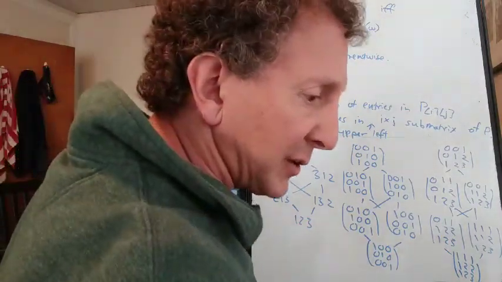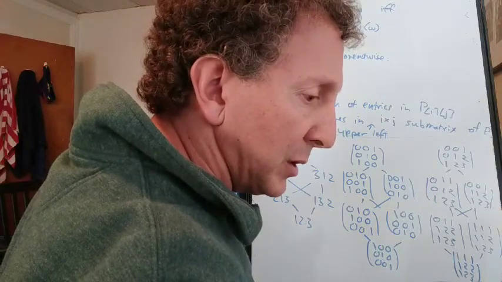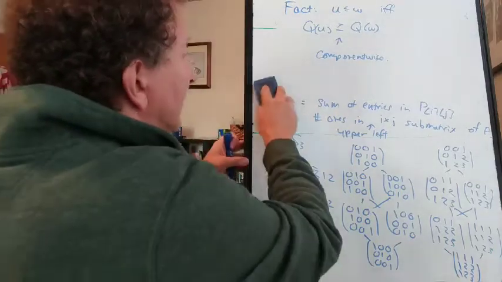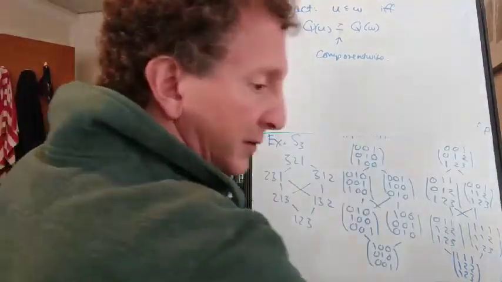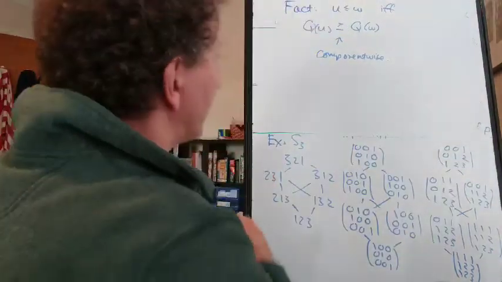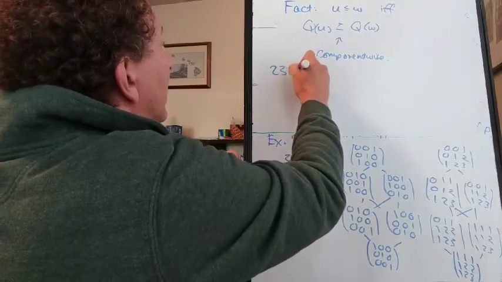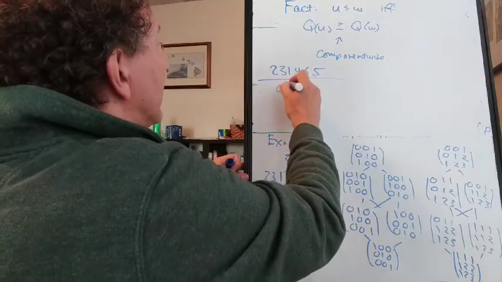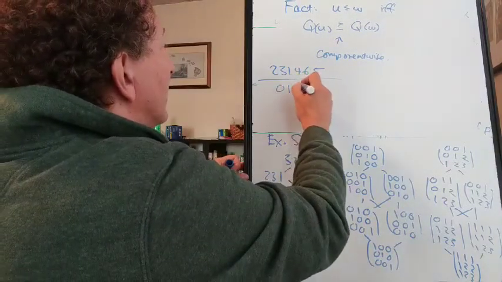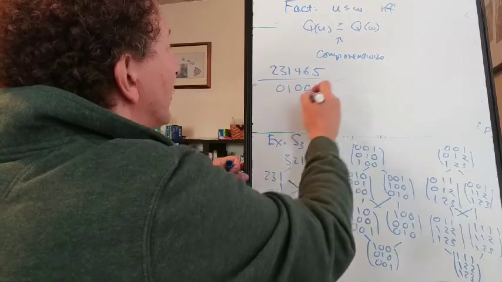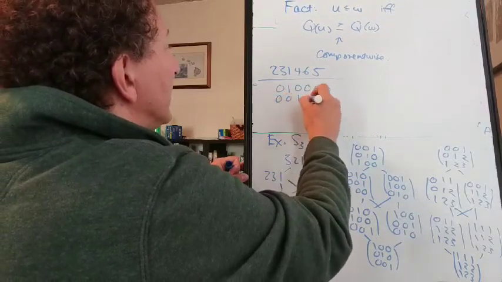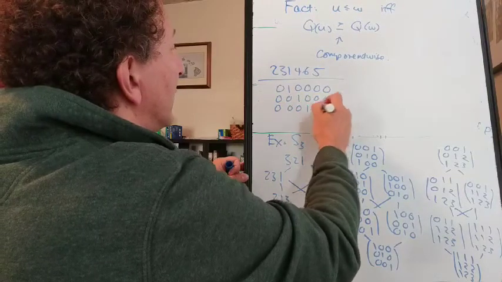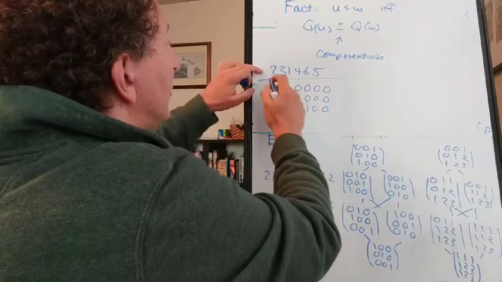Maybe it would be interesting to go back to the other example I did. So if we have 2, 3, 1, 4, 6, 5, then the permutation matrix is 1, 0, 1, 4 zeros, 1 in position 3, 1 in position 4, oops, 2, 3, 1.